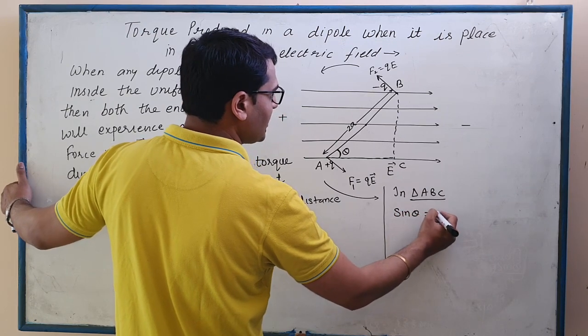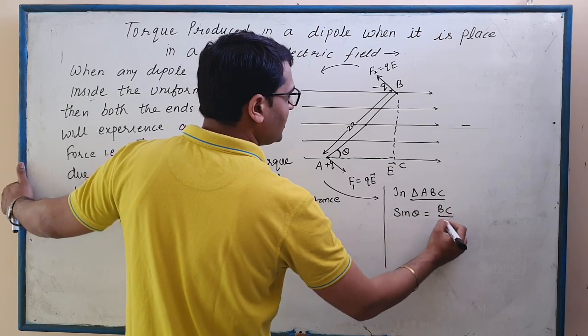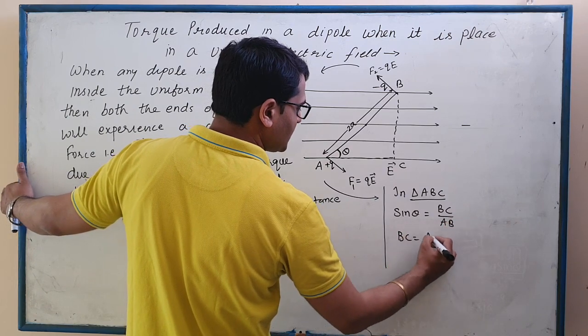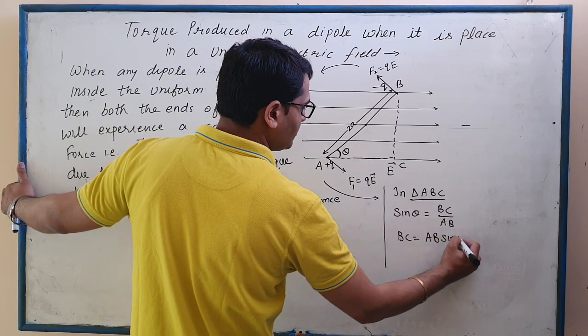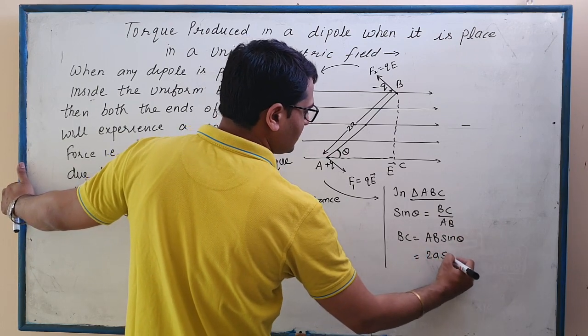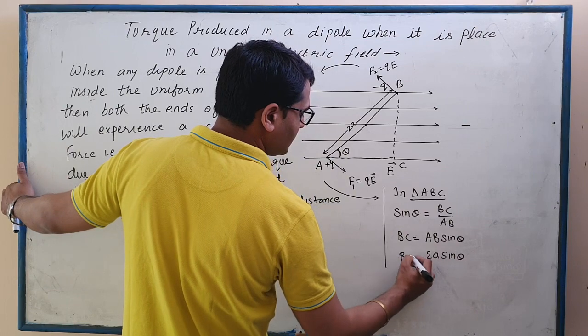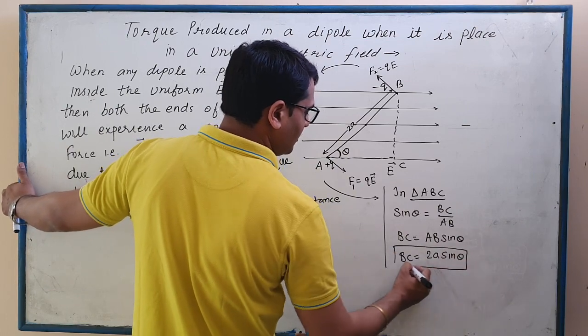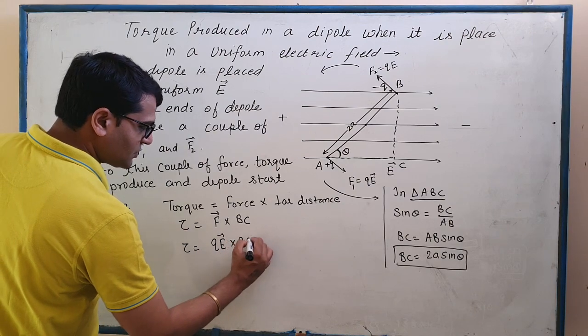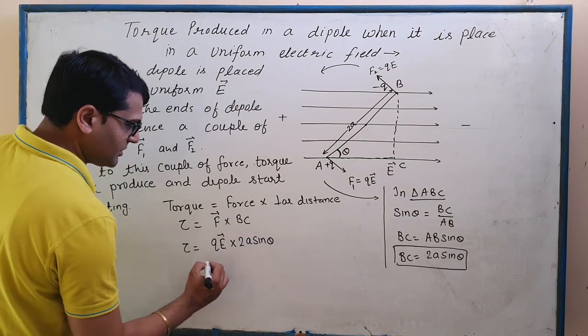Sine theta is given by perpendicular over hypotenuse. We want BC, so BC is equal to AB into sine theta. AB is 2A, so BC is equal to 2A sine theta.